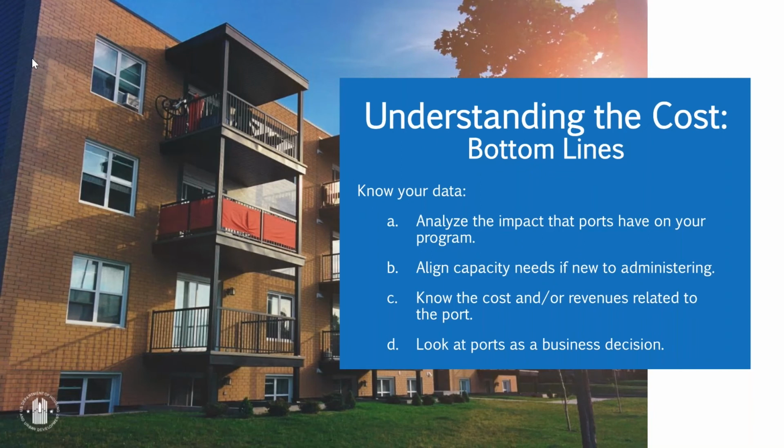Additionally, if you are new to administering or you're considering administering ports moving forward, meaning the utilization of your program is up and you can just issue vouchers to maintain the ongoing attrition of your program, you might need to start making sure you can align the capacity needed to administer the vouchers.